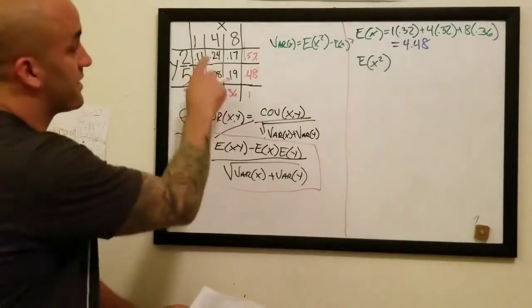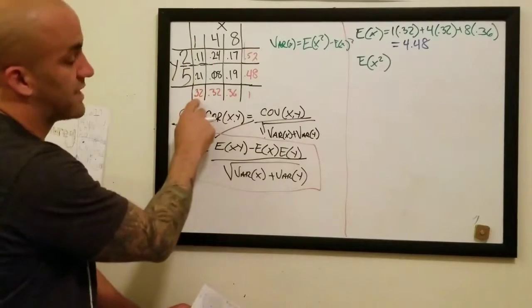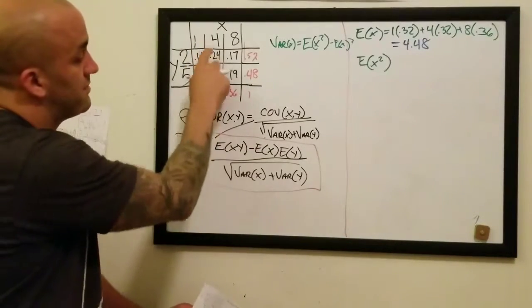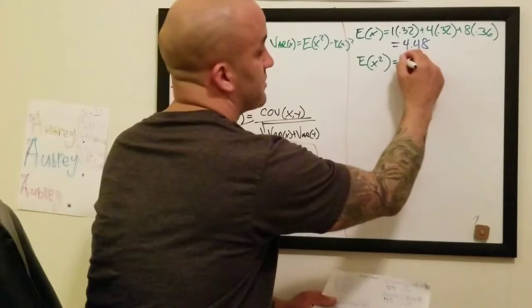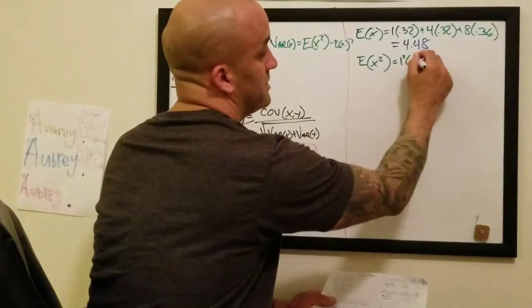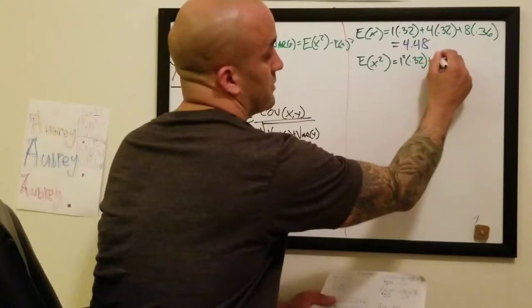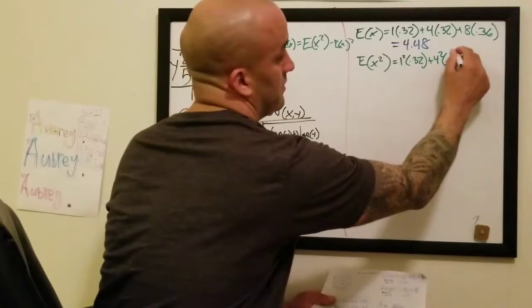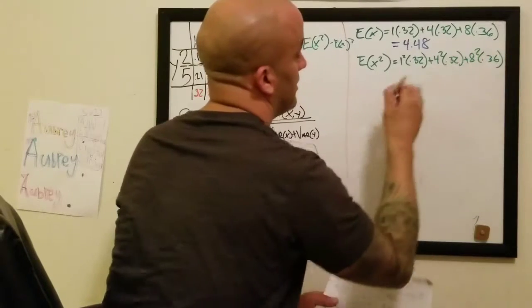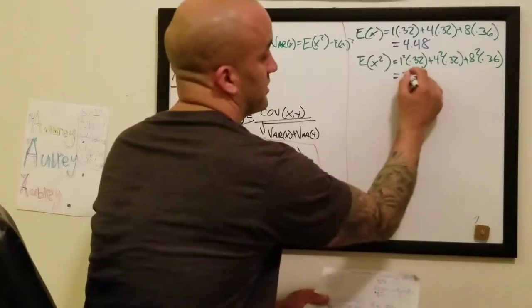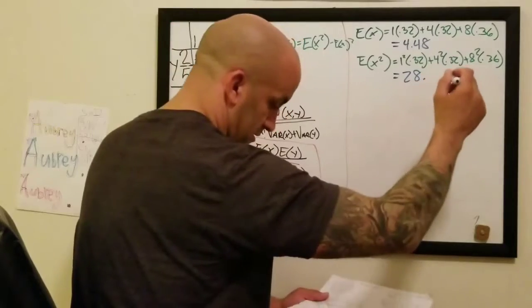We take our x value, square it, and then times it by the marginal. Same thing here. Since we've already got it all written out, it's very easy to just write 1 squared times 0.32 plus 4 squared times 0.32 plus 8 squared times 0.36. And when you compute that out, you should get 28.48.